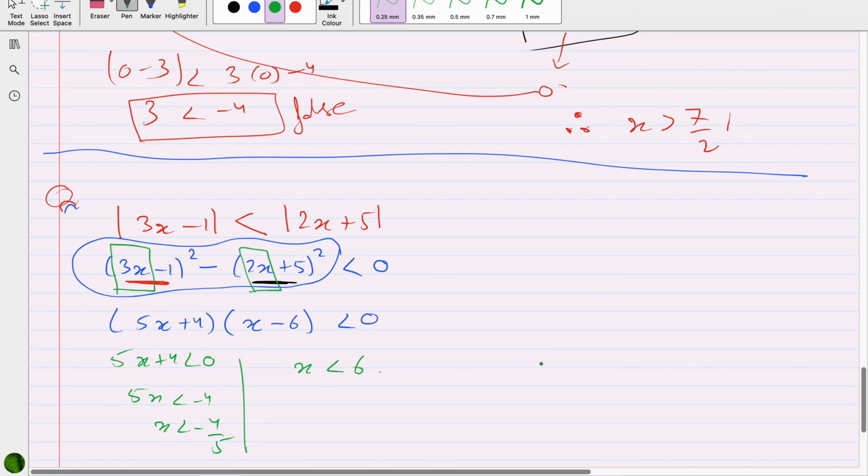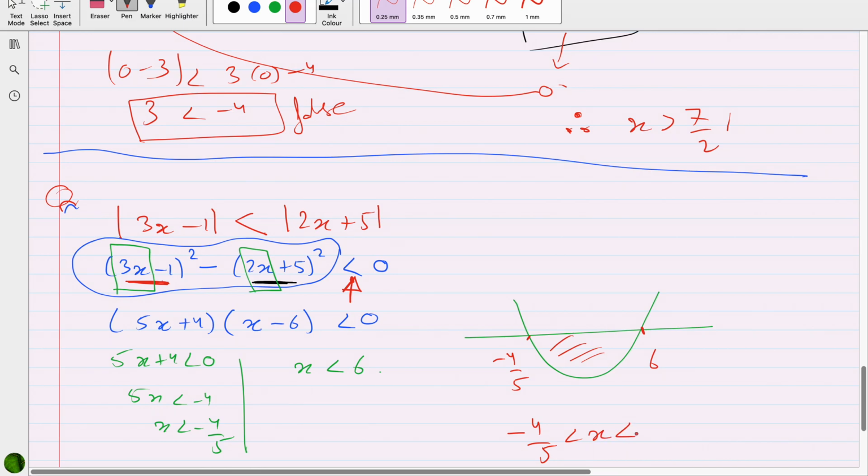So that is positive x square, it would be a smiley face. Once it is smiley face, positive 6 comes here, negative 4 by 5 comes here, and the condition is less than 0. So we shade this place and final answer is minus 4 by 5 is less than x, which is less than 6. Any confusion?